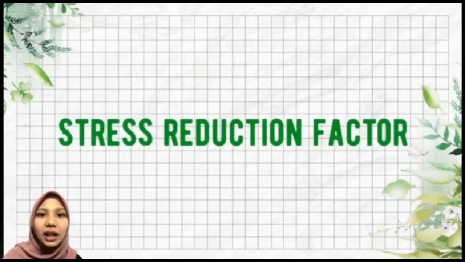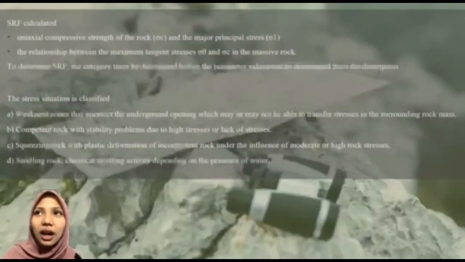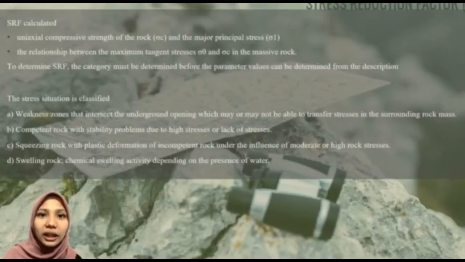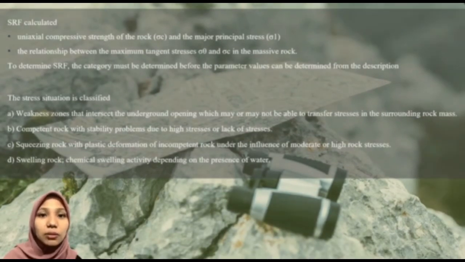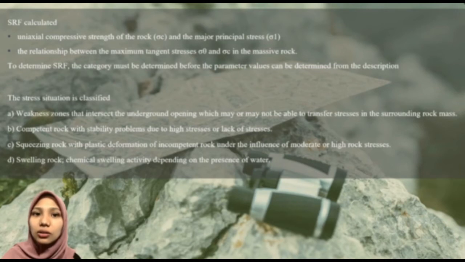Okay, and the last one is to determine the stress reduction factor, SRF. In general, SRF describes the relationship between stress and rock strength. In an underground opening, the effect of stress can usually be seen as spalling, slabbing, deformation, squeeze, dilatancy, and block release.